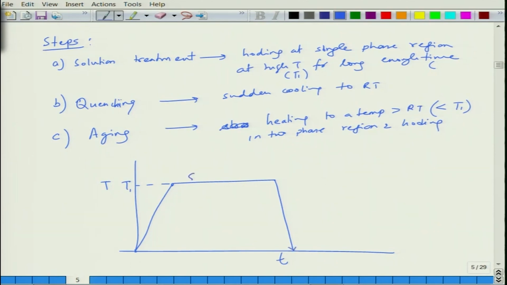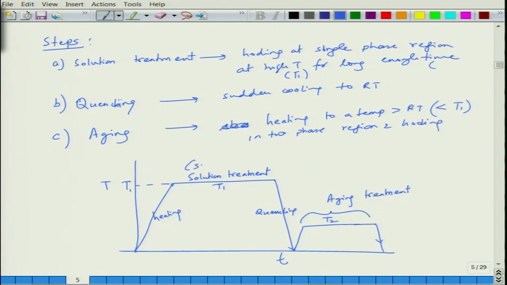So this is solution treatment, and then quenching. Then you heat it to slightly higher temperature. So this is at T1, this is at T2, hold it and then again cool it. So this is basically your aging treatment.